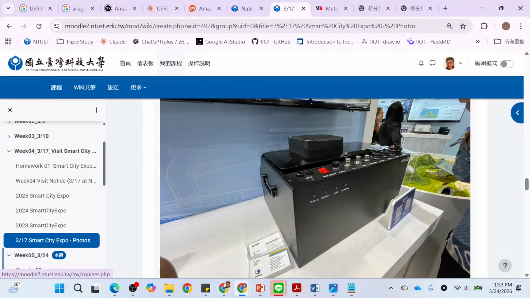I know it's not clear here, but it shows DU, CU, RU. These will be the antennas used to receive the different resources.